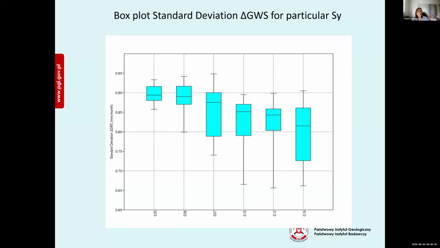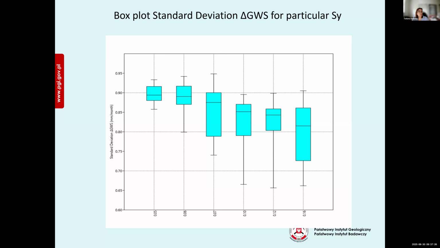The delivery of the same amount of water causes a greater rise in the groundwater table in rocks with a low specific yield, indicating an inverse relationship between groundwater level fluctuation amplitude and specific yield, while the relationship between groundwater storage and specific yield is directly proportional. However, seasonal variability of groundwater storage in areas with higher specific yield values is lower.